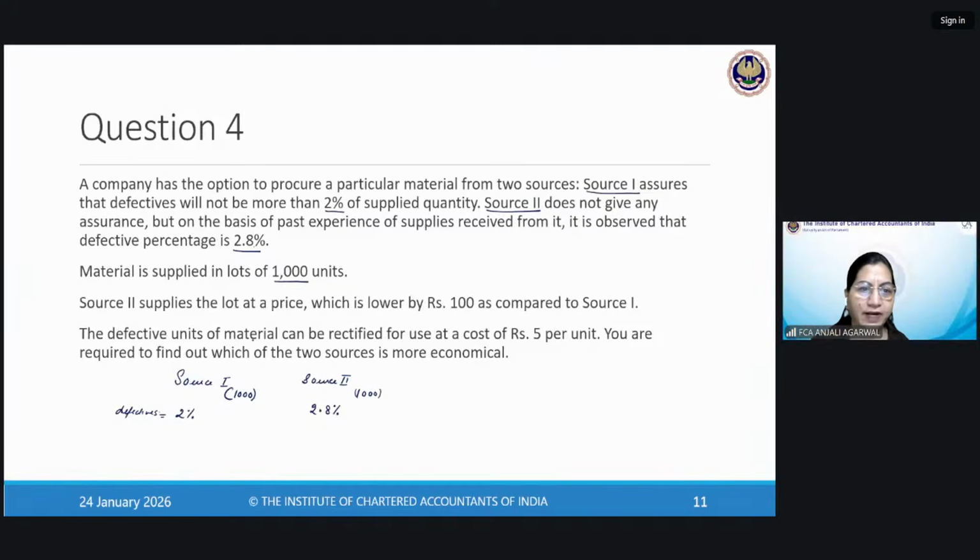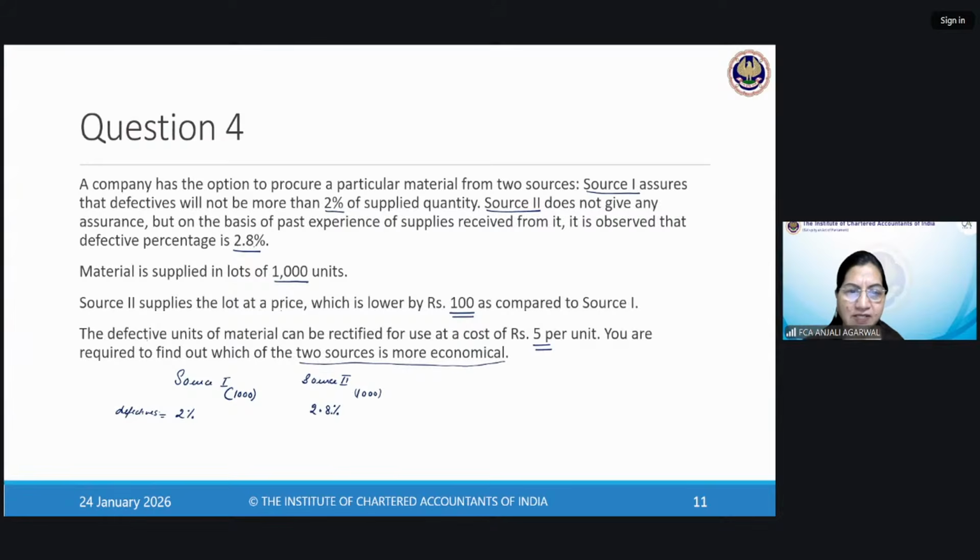And the cost of rectifying the defectives is 5 rupee per unit. So this is the cost of rectifying the defective units. The defective units of material can be rectified for use at a cost of rupee 5 per unit. You are required to find out which of the two sources will be more economical.